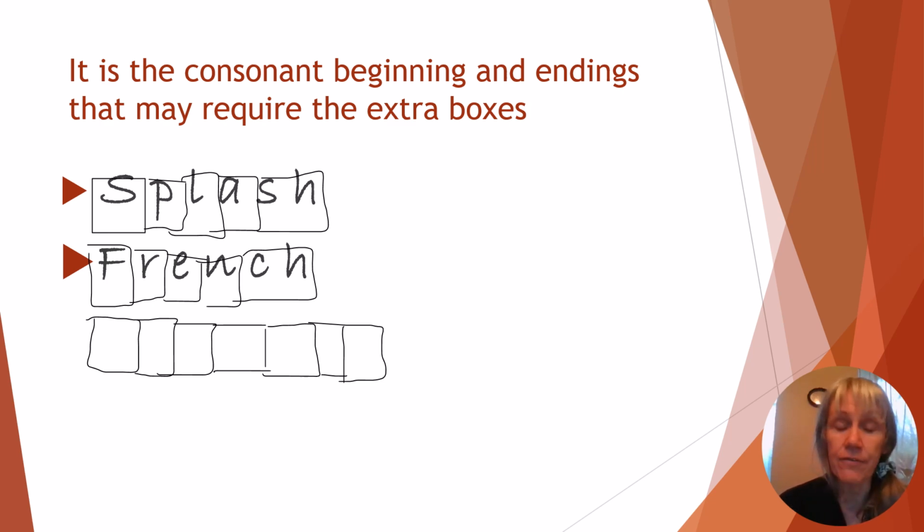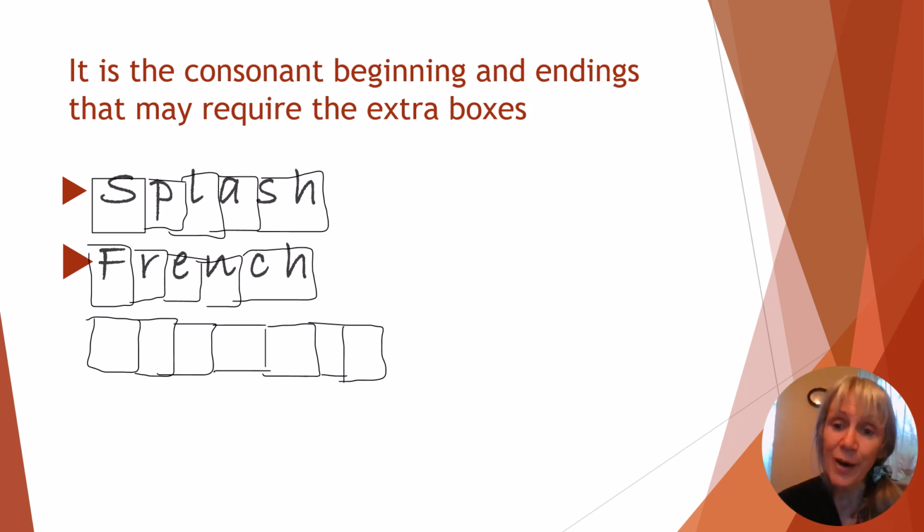Because in the beginning of our word part, we see a double consonant wall, a consonant blend, where each of the consonants we're hearing keeps its sound: the sound represented by the F, the sound represented by the R. We get to the heart of our word part, the middle, and we have our vowel sound, which is the short E sound.